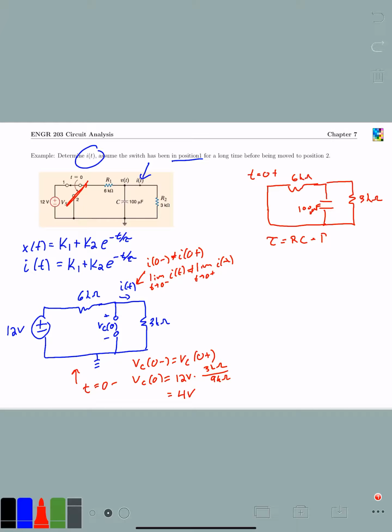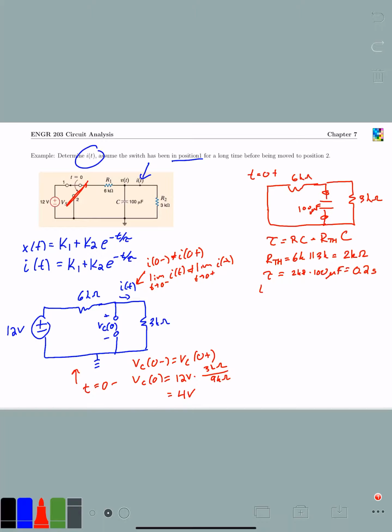Now R is really the Thevenin R, the Thevenin resistance with respect to the capacitor, where it was open before. So with respect to those two nodes, our resistors are in parallel here, and so my R Thevenin is 6K in parallel with 3K. That's going to be 2 kilo ohms, and so then my tau is 2 kilo ohms times 100 microfarads, and that's 200 milliseconds or 0.2 seconds. That gives me my tau.